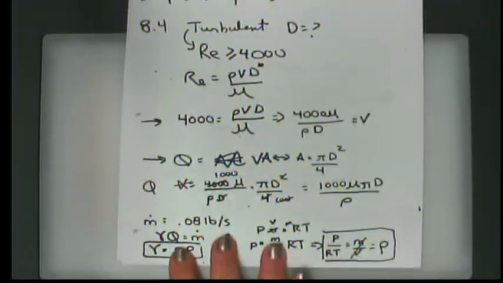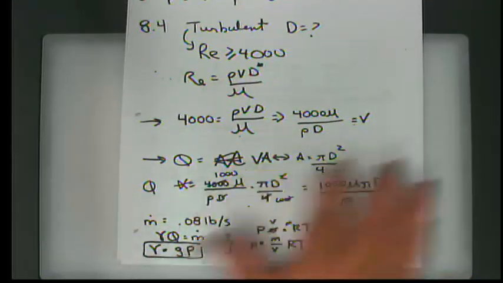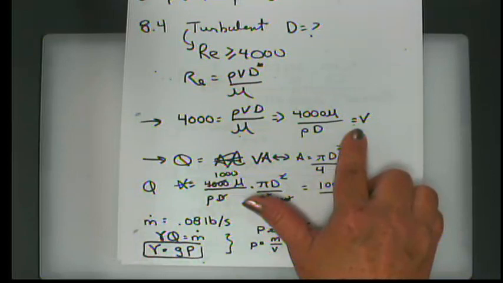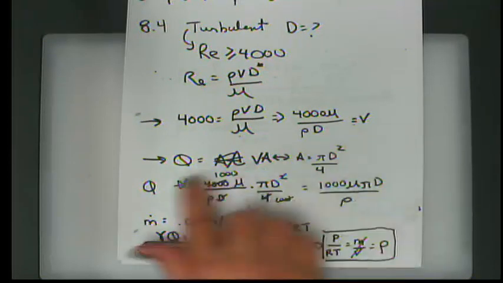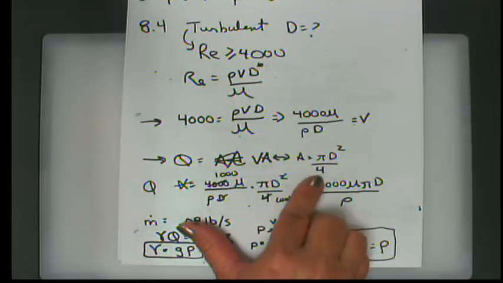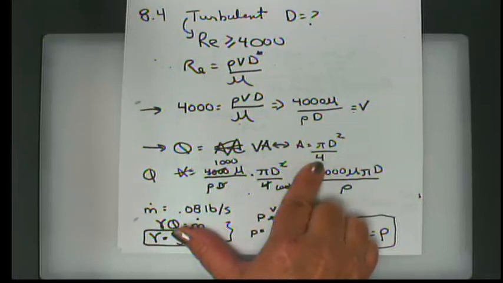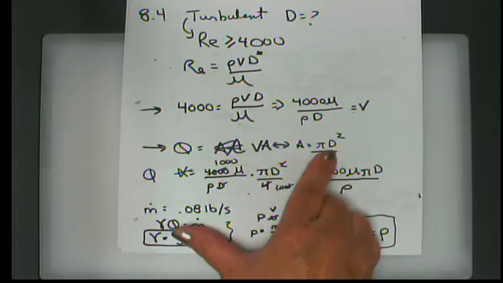So the first thing that I will do is I'll take a look at some of my relationships. Well, I could solve this for V, just rearrange my variables. Then remember that Q, or volumetric flow rate, is equal to velocity times area, and since it's a round pipe, a round conduit, the area is going to be pi d squared over 4. And this d is what I'm looking for.